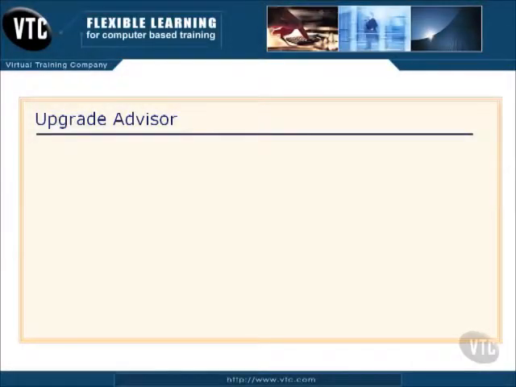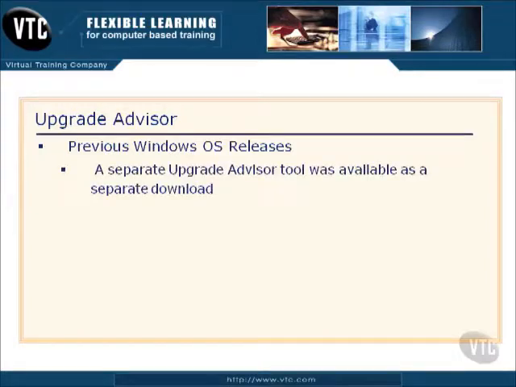One aspect of Windows 8 that is somewhat different from previous versions is the use of a tool that we've come to know as the Upgrade Advisor. Now, in most of the previous operating system releases, Microsoft released a separate Upgrade Advisor tool that you could download. It was maybe 5 to 6 megabytes in size.